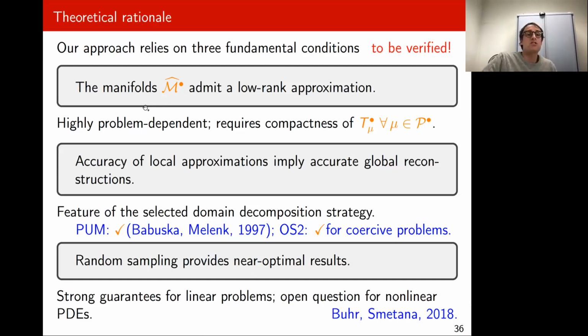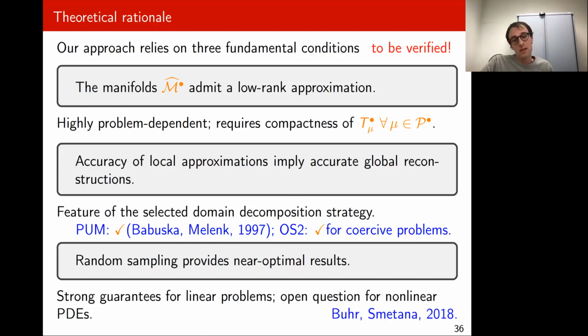The second condition is that the accuracy of local approximations, so the fact that local approximation spaces are good, should imply accurate global reconstructions. And this is a feature of the selective domain decomposition strategy. For, let's say, the partition of unity method, there are some strong theoretical guarantees. For other domain decomposition techniques, also for the particular technique that you have developed, there are strong guarantees for coercive problems.